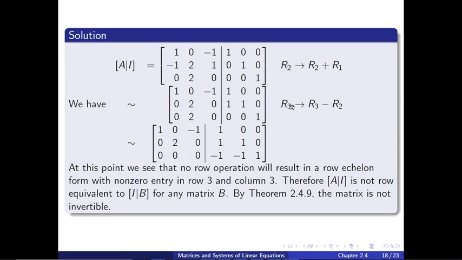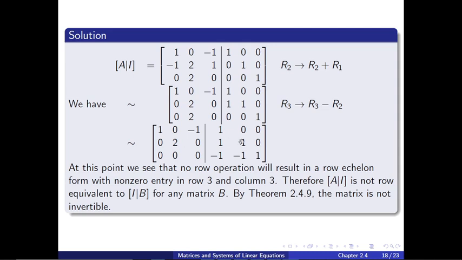So we can say R3 goes to R3 minus R2. So 2 minus 2, we get 0. So in fact, we start here. 0 minus 0, we get 0. 2 minus 2, we get 0. 0 minus 0, we get 0. And then 0 minus 1, we get minus 1. 0 minus 1, we get minus 1. 1 minus 0, we get 1. So we have that.